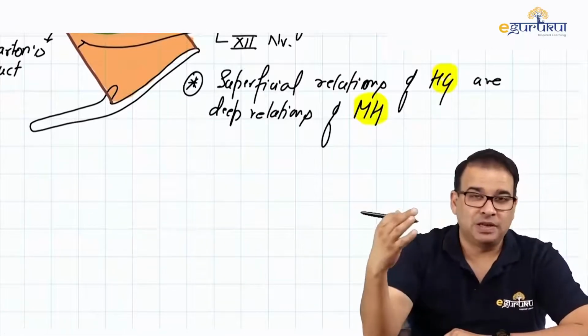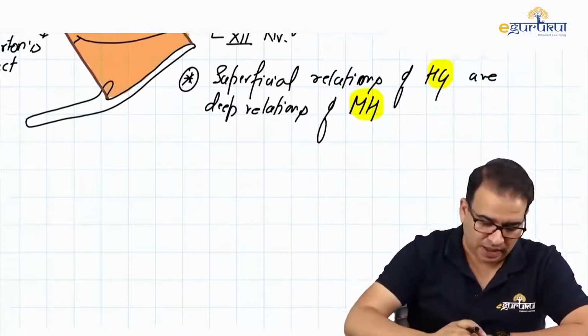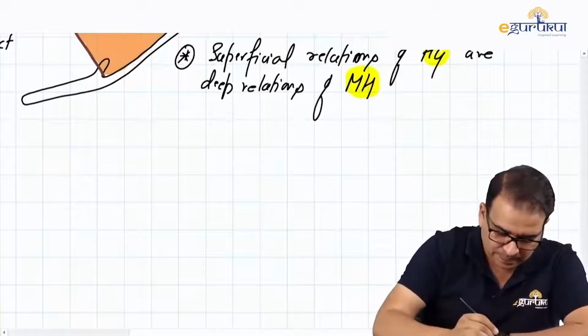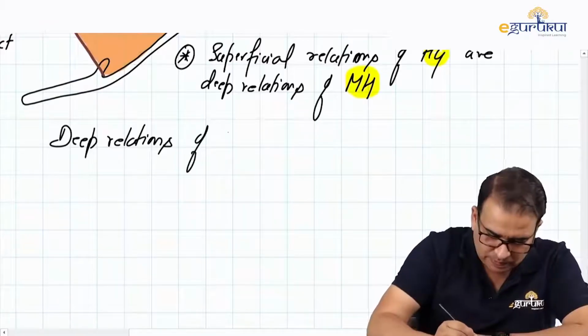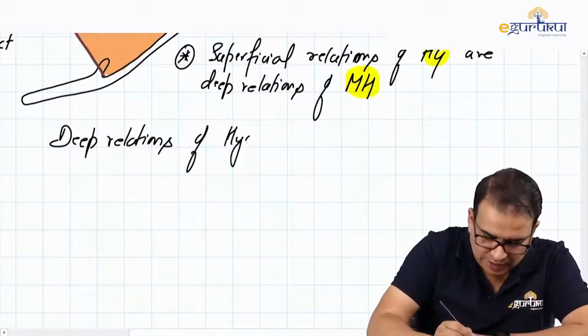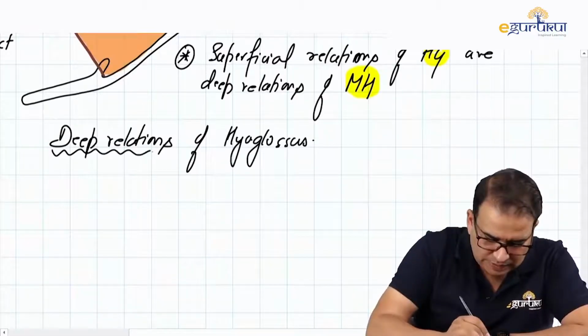So what are the deep relations of hyoglossus? What is deep to hyoglossus? More deeper. Again for that, the deep relations of hyoglossus first. What are the deep relations of hyoglossus?